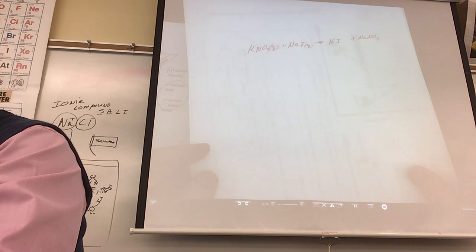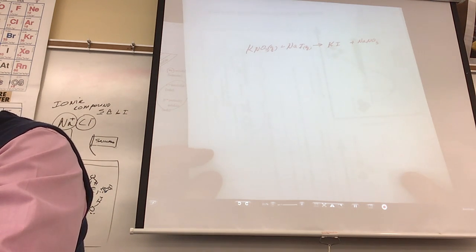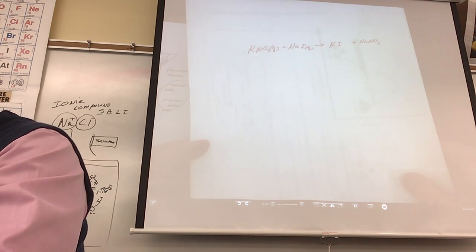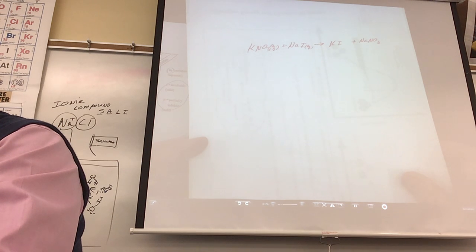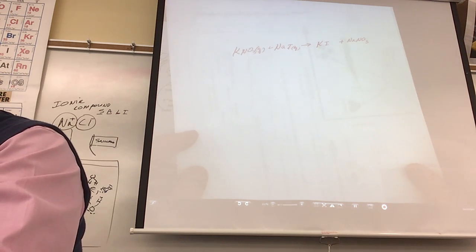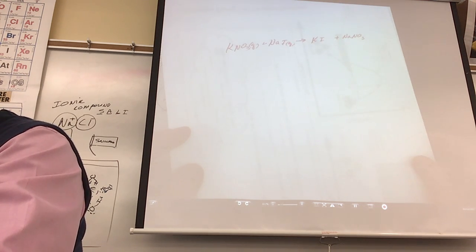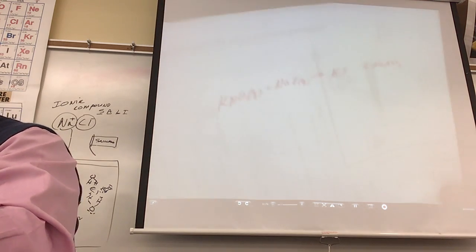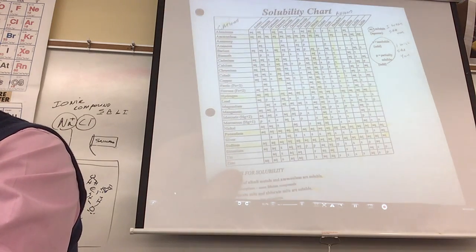Now, when we take a test, for today you're not as ready as you will be. But is this reaction going to take place? Remember these things called driving forces? One of them is the formation of a solid. Is a solid going to form here? That's what we use this chart for. Look up potassium iodide.